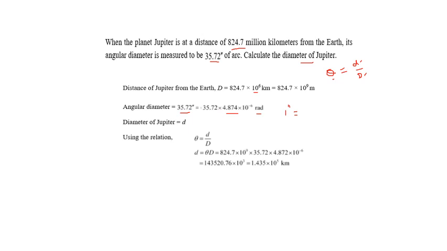Substitute this value and you will find theta in terms of radians. So what is the question? Small d. Theta equals small d divided by capital D, so small d equals theta times D. While simplifying this, you will get 1.435 × 10^5 kilometers. This is the diameter of Jupiter, 1.435 × 10^5 kilometers.